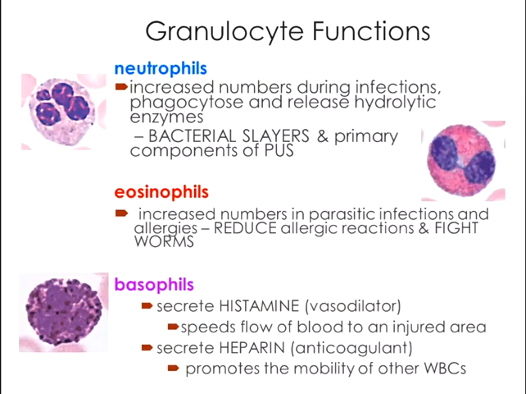A lot of that has to do with the stimulation of the basophils and the mast cells, the histamine response, and the role of heparin. So, just trying to tie that into the allergic response. And it's also why not everyone has the same types of allergies. It varies from person to person.